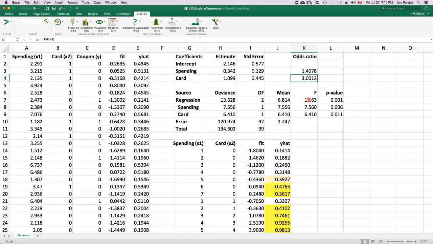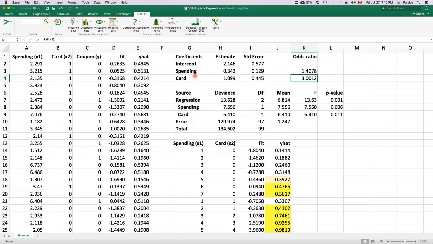Let's interpret this one as well, just so we're clear on what it means. So this is for the card variable. So this is comparing customers with a credit card to customers without a store credit card, given that they both have the same amount of spending. So let's pick two hypothetical customers. One has a spending of $2,000 and has a store credit card.